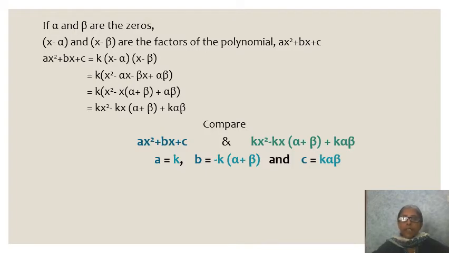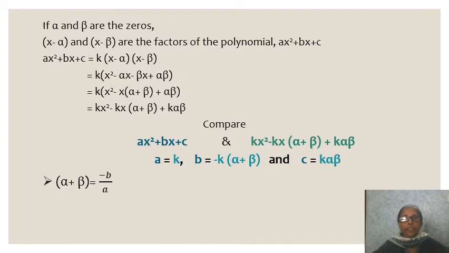It is minus k into alpha plus beta. So you can equate those two, b and minus k into alpha plus beta, because both are the coefficients of x. Okay. Now look at the third terms, c and k alpha beta. They are equal. Is that clear?